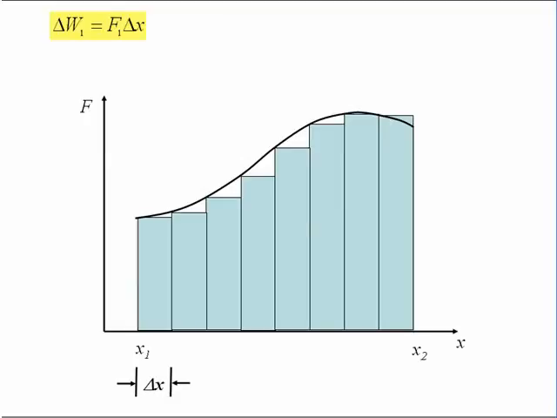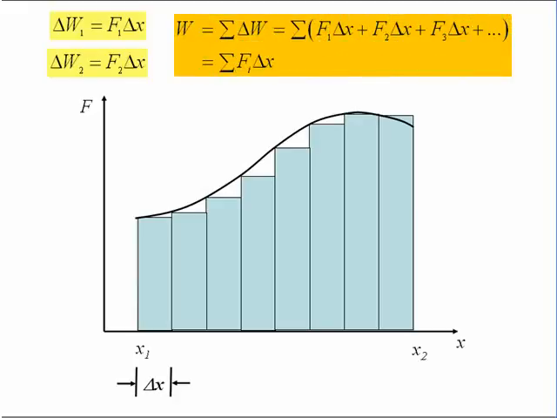The work done during the next small displacement is given by delta W2, which is equal to F2 times delta x.